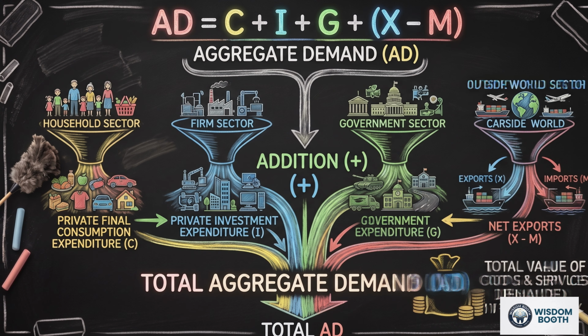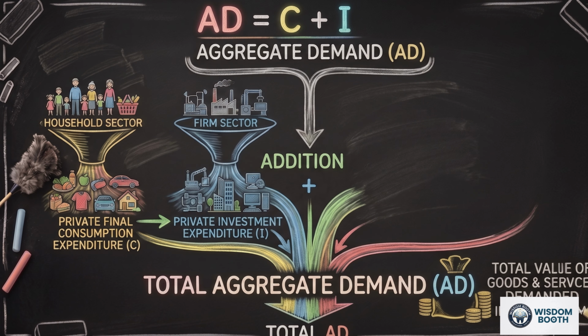But honestly, if you're taking an introductory macroeconomics class, you usually don't have to juggle all four of these at once. To keep our studies simple and to focus purely on the core relationship between income and employment, your textbooks are almost always going to use a two-sector model. This model assumes a closed economy.